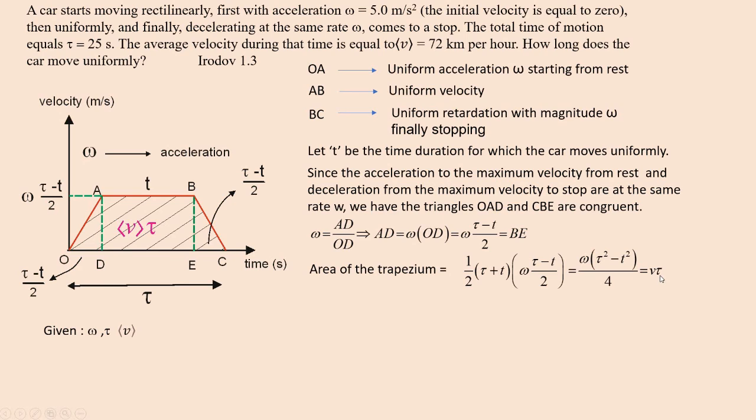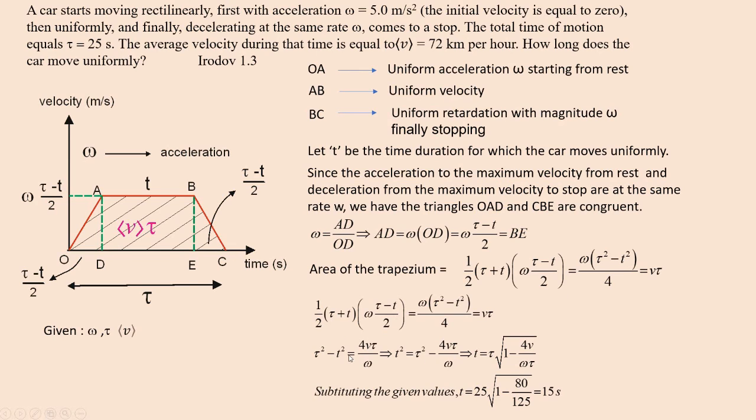That is average velocity into total time. Our aim is to find T, don't forget this. So rearrange. You get half into tau plus T into omega into tau minus T by 2, equal to the same thing, repeated here for continuity's sake.